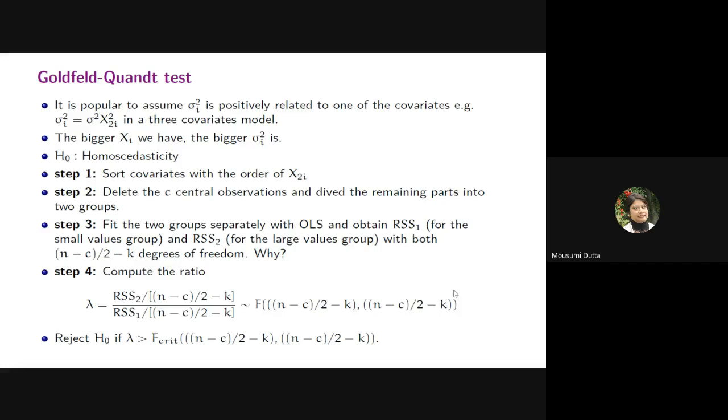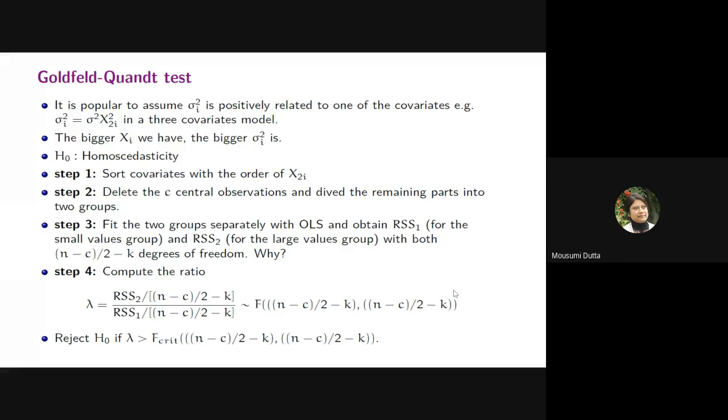When you consider the ratio of two RSS and deflate each by its respective degrees of freedom, you get two chi-squares deflated by degrees of freedom in the numerator as well as in the denominator. So it will follow the F statistic.